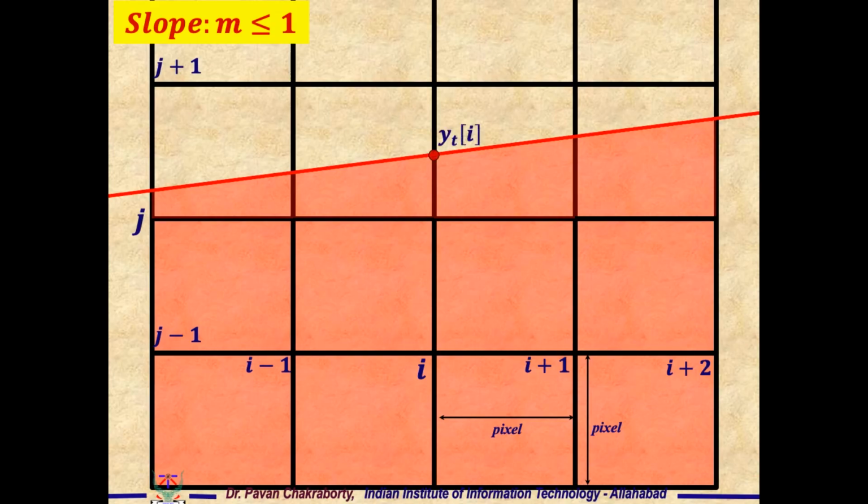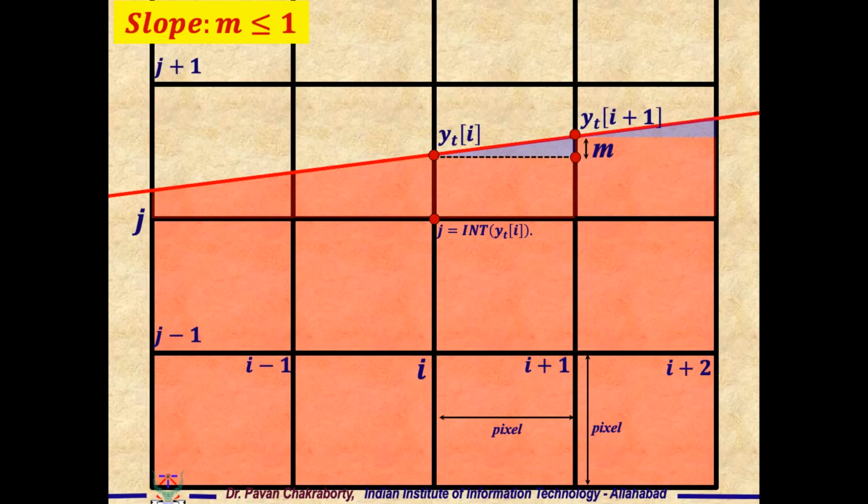Now supposing I take a point y of t I, which is shown here, and the point which is closest to the edge of the pixel can be defined as j, which is equal to int of y of t of I. Now if I take this triangle which is there on top, this triangle is defined and is the same for every section of the line. This depends on the slope of the line.